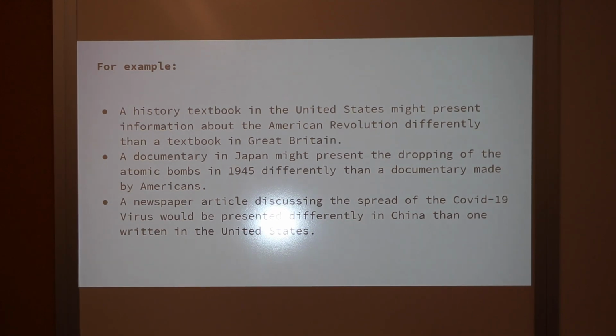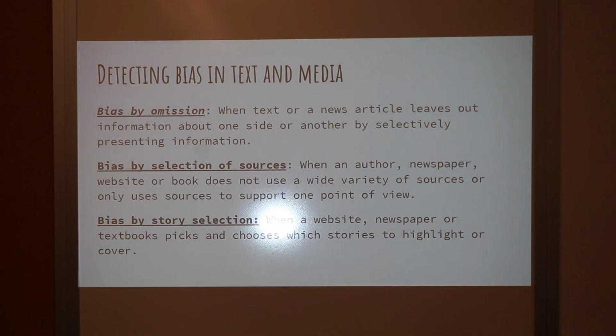For example, a history textbook in the United States might present information about the American Revolution differently than a textbook in Great Britain. A documentary in Japan might present the dropping of the atomic bombs in 1945 differently than a documentary made by Americans. A newspaper article discussing the spread of the COVID-19 virus would be presented differently in China than one written in the United States.